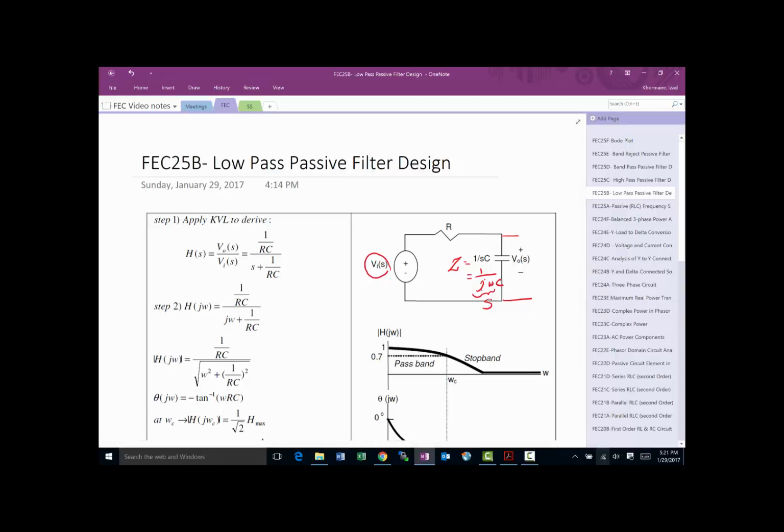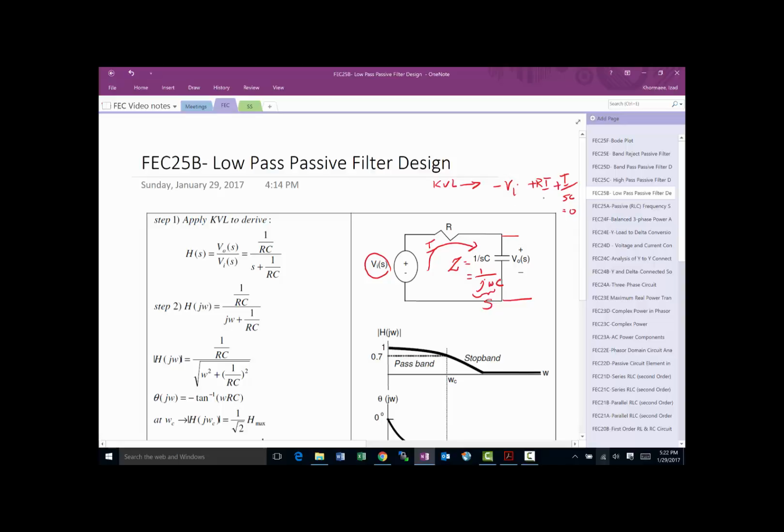Using what you have already seen in earlier videos regarding sinusoidal steady state phasor analysis, we can apply that. We have a current going through here, so we can do a KVL and find this I. It would be minus Vi plus RI plus I over SC equal to 0.